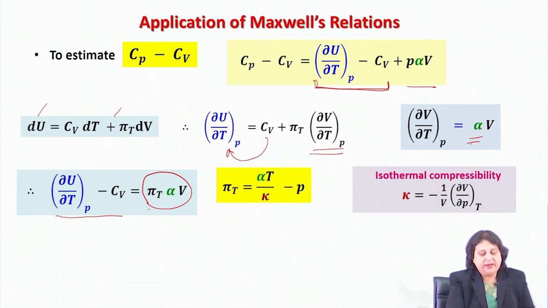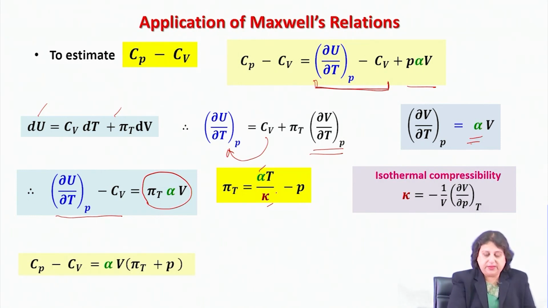Therefore, I can very easily say, what is pi_T here? We have already shown that pi_T is related not only to alpha, but also to another measurable property kappa, if I know at which temperature and pressure the system is present. And therefore, I am going to write down Cp minus Cv using these first two equations.